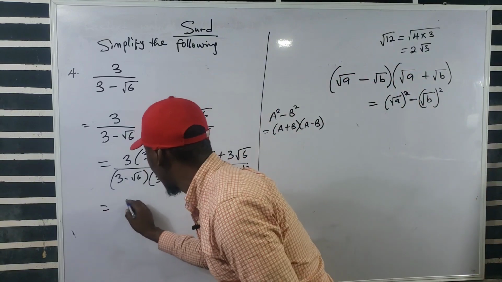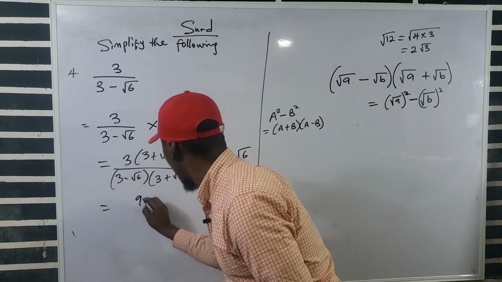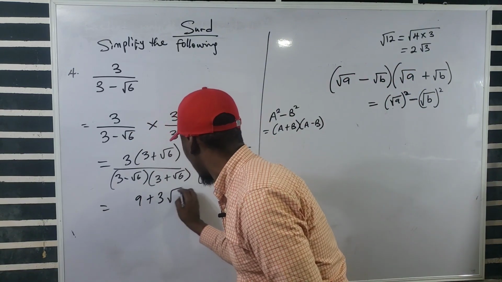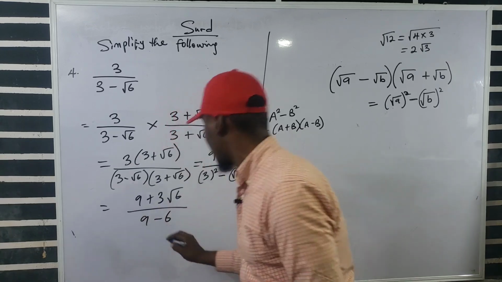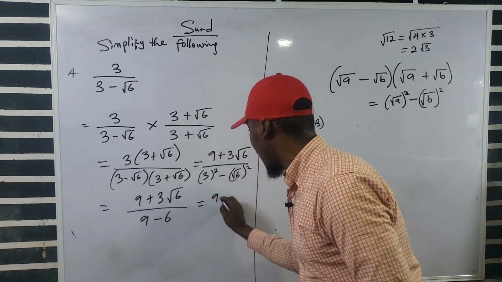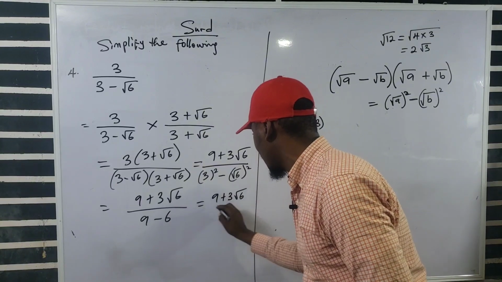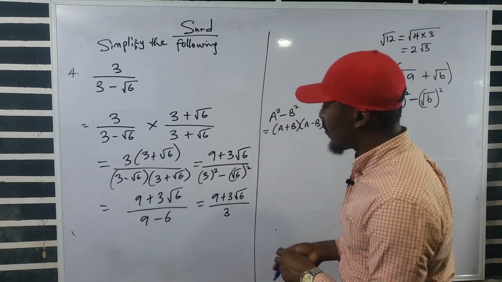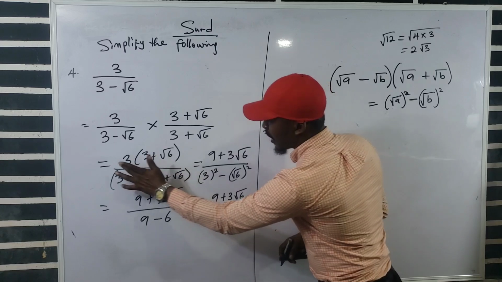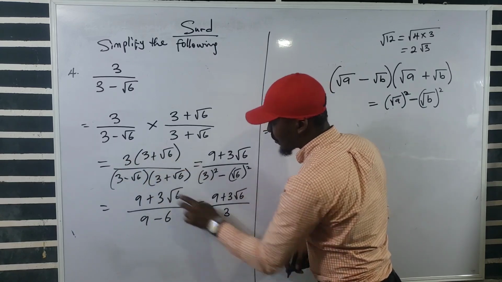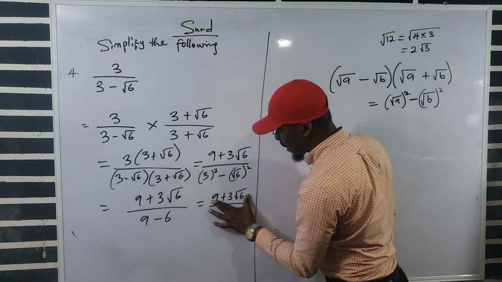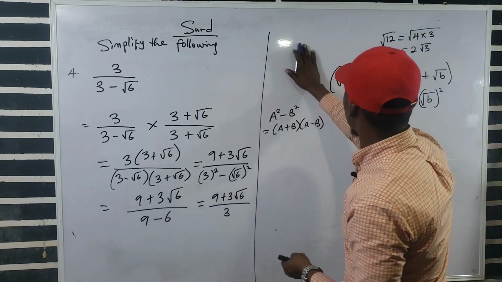So that will give us 9 plus 3 surd 6 all over, this will give us 9 minus 6, which will give us 9 plus 3 surd 6 over 3. Now, if you watch here, yes, I know that we have opened this bracket already, okay, but 3 can actually divide by this 3. So let us put this bracket back. So that will give us, let's finish it up here.